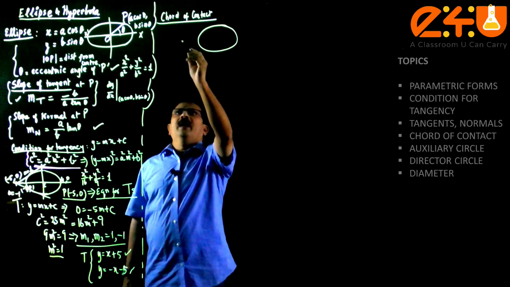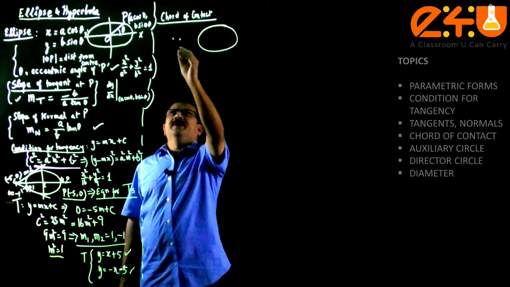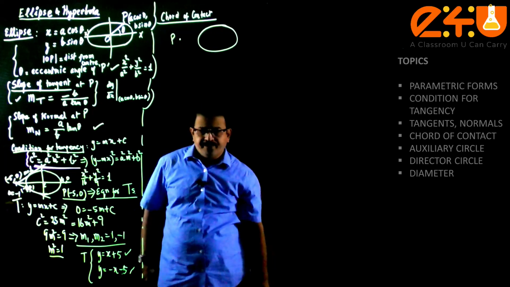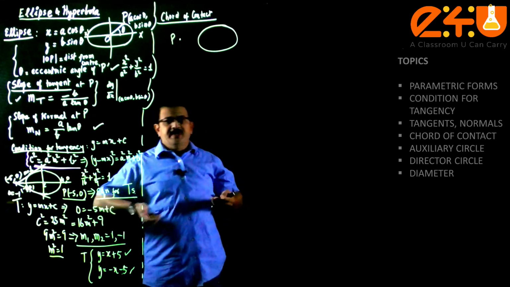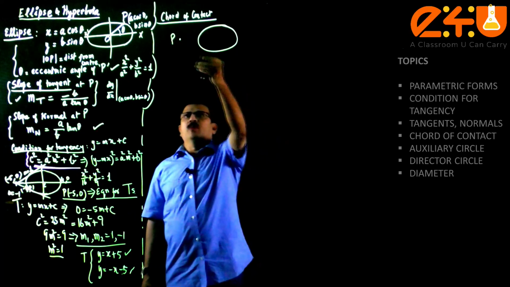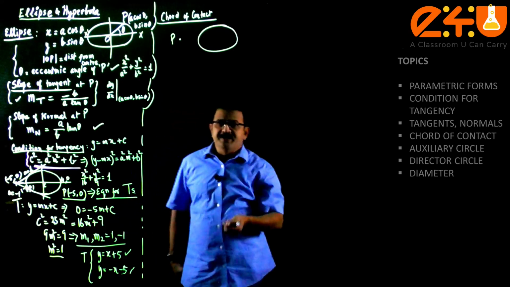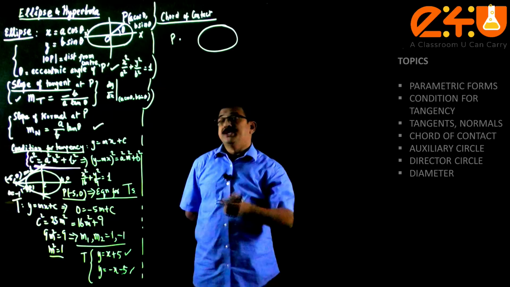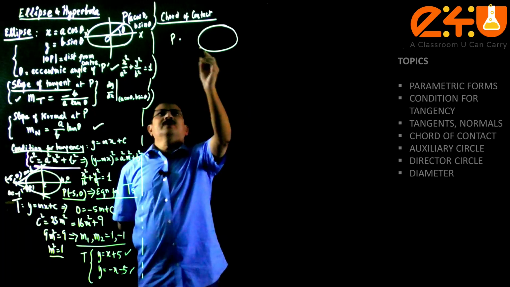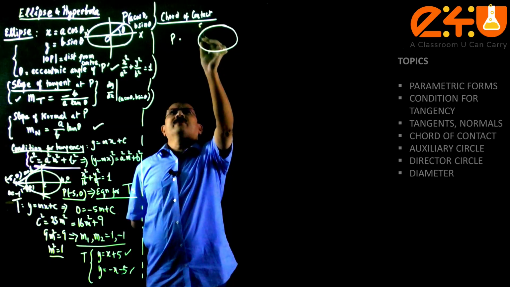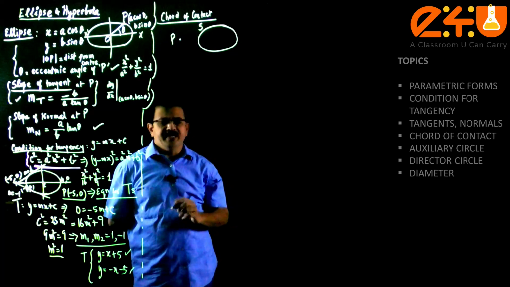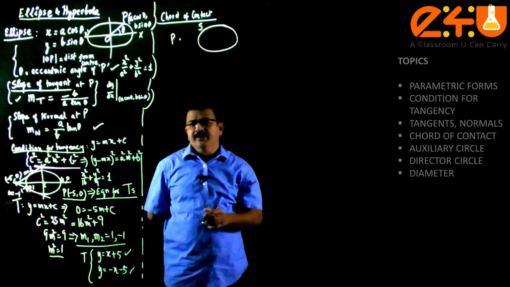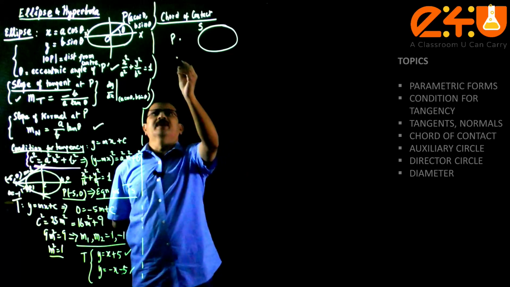Consider an ellipse and again a point outside. Whenever in a question you are given the equation of an ellipse and a point, it is necessary for the student to judge and find out whether the point lies inside, on, or outside the ellipse.